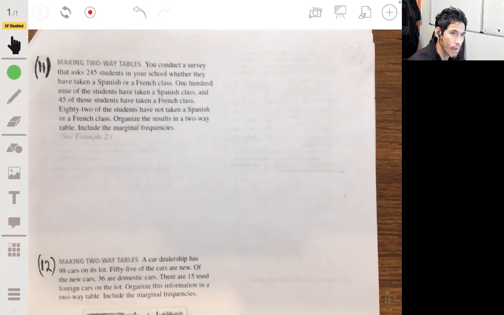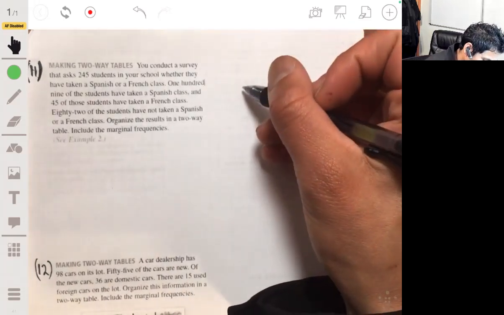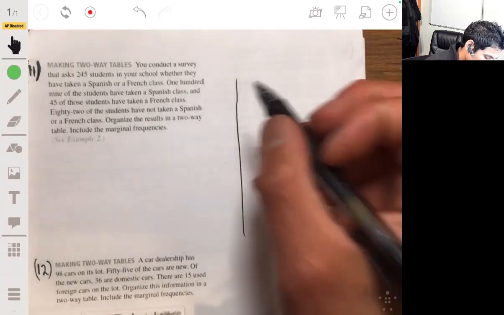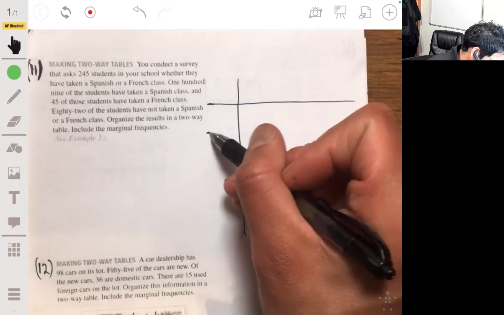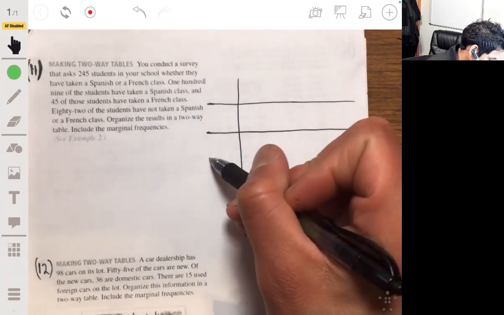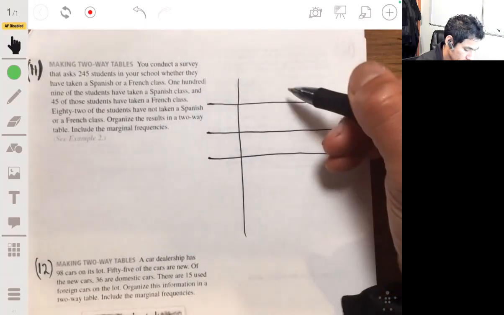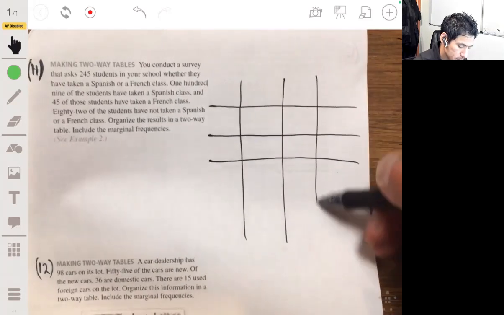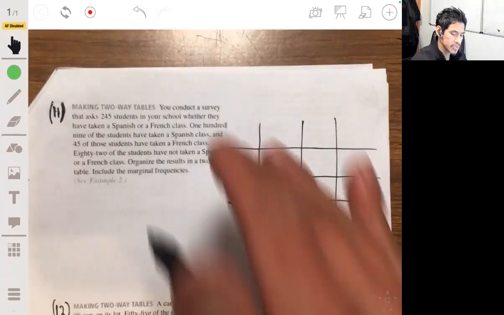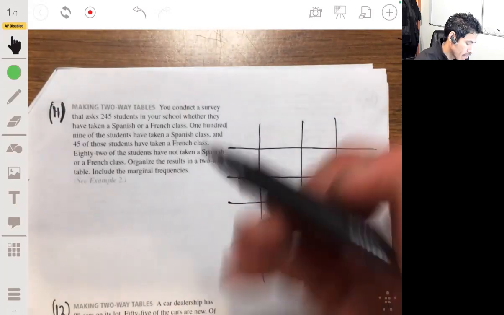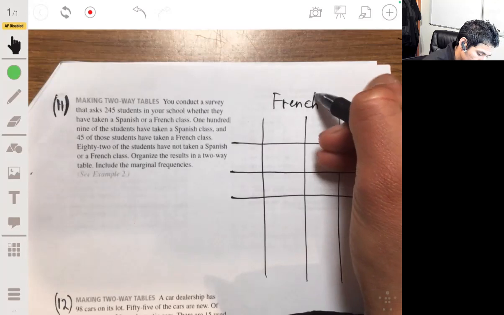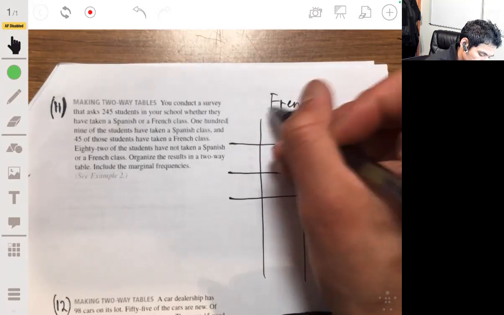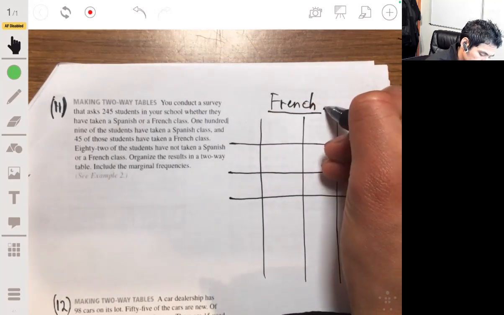Yeah, not a problem. We call it a two-way table because we have two ways to look at it. Up and down, left to right. So we have the columns or the rows. In this case, I'm drawing the rows first for whatever reason. We have the columns. Categories, one category here, the other one here. For no particular reason, we're going to go by whether or not they took French.